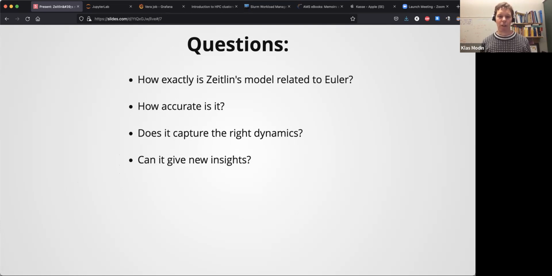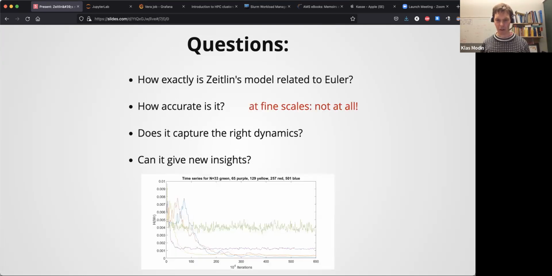And then a big question is, how accurate is it? An answer that I can give already is that at the fine scales, it's not accurate at all. This model is not accurate at the fine scales. On the other hand, no numerical method is accurate at the fine scales if you're looking at the Euler equations.